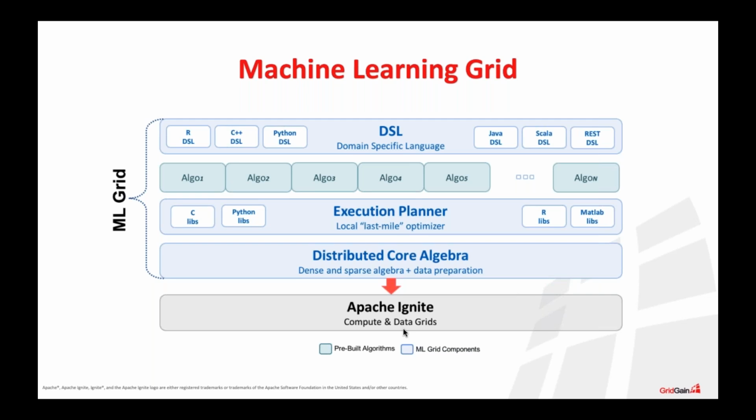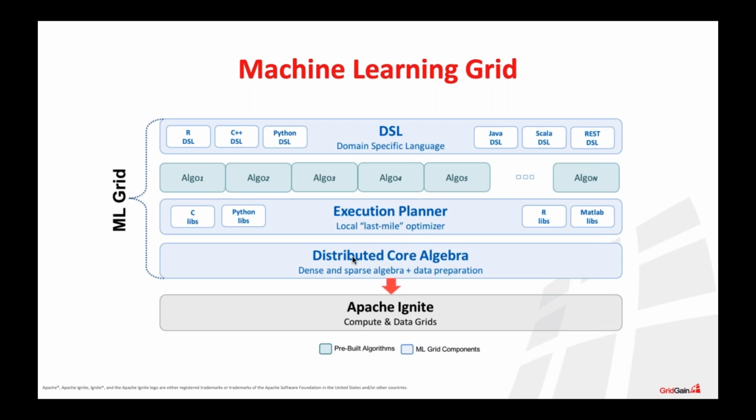And the Apache Ignite community decided to simplify this process. What we did in the Apache Ignite 2.0 release was implement so-called distributed core algebra. Now in Apache Ignite 2.0, you can store and perform different calculations using dense and sparse algebra, and you can work with different matrices.